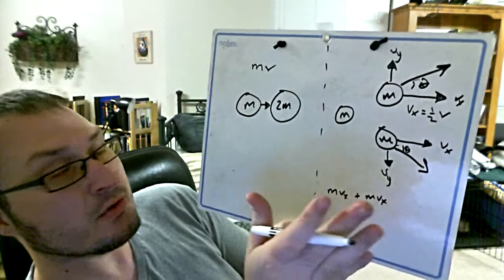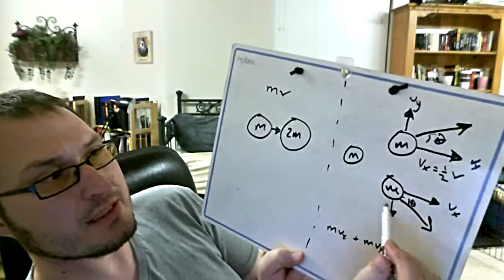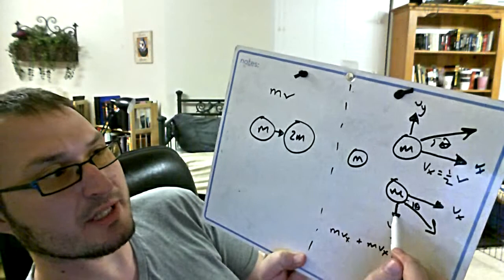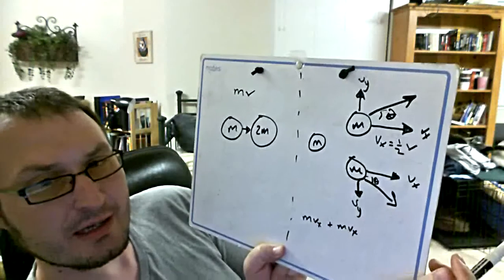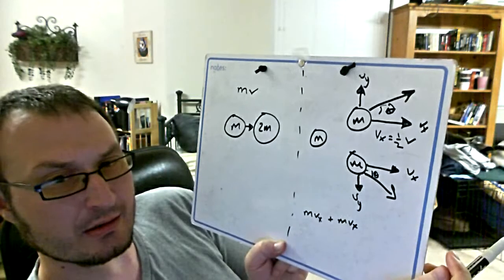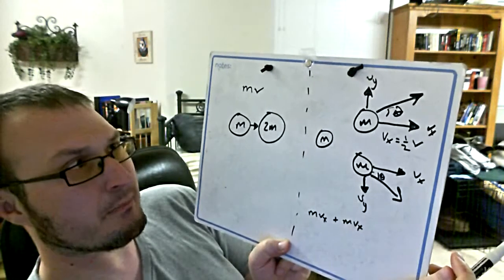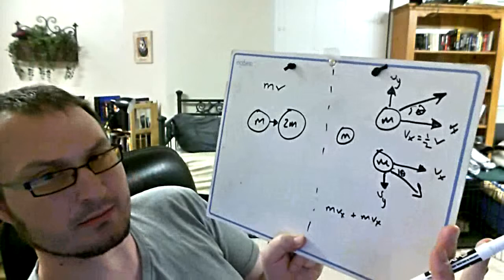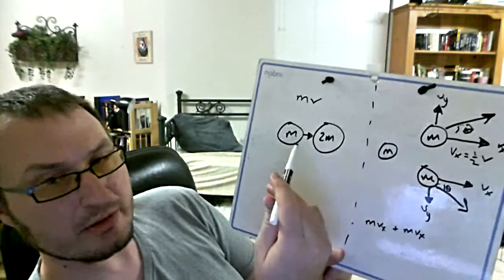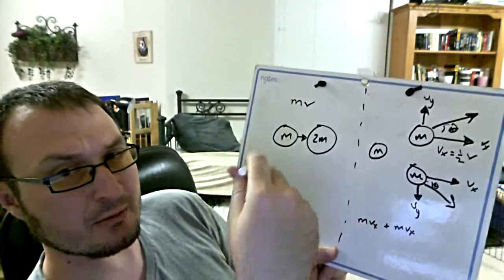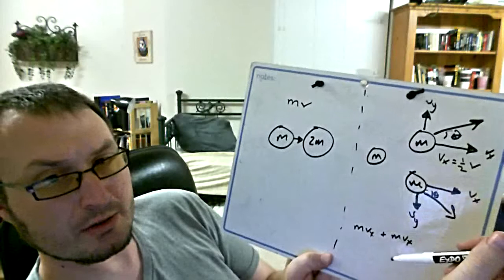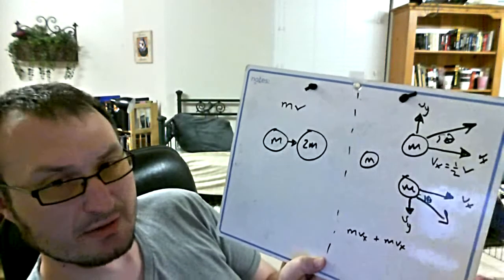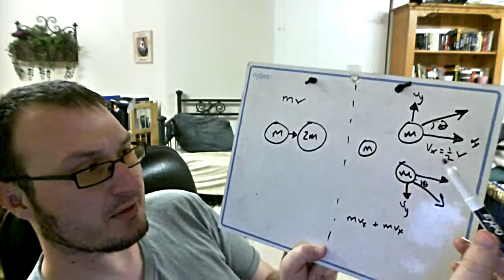Now, the only way you may get confused is if you look at the momentum here. It's like this momentum kind of came out of thin air. But there is no net momentum in the y direction, just like here, because these two perfectly cancel out. So don't be worried about that.